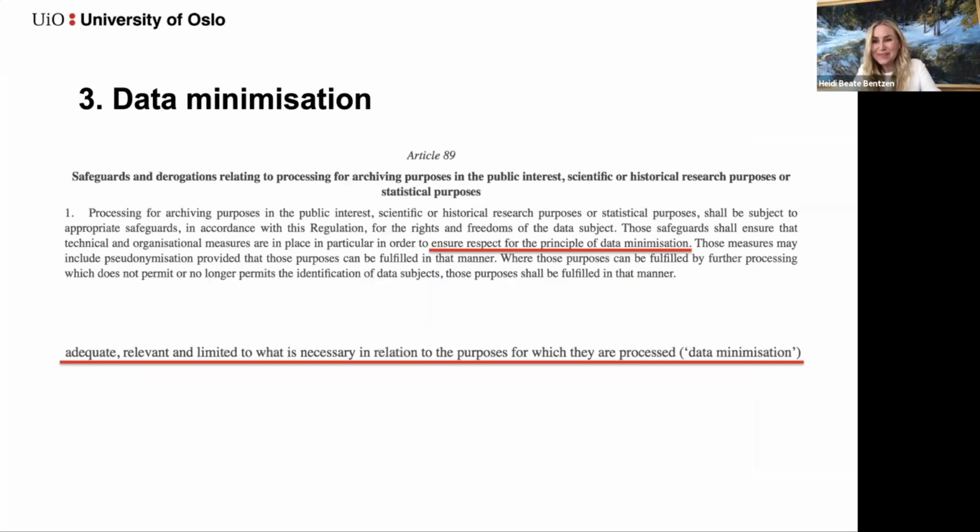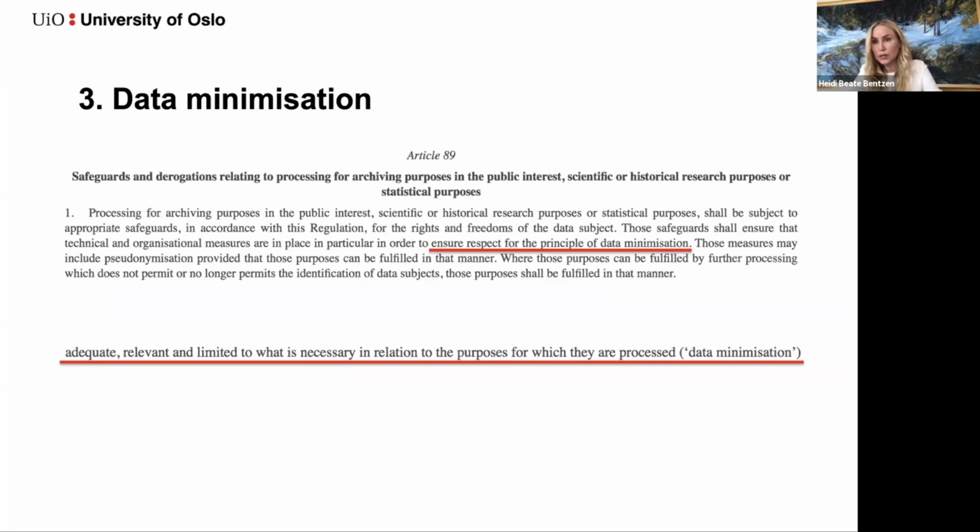The third principle of the GDPR is data minimization. The data must be adequate, relevant, and limited to what is necessary in relation to the purposes for which they are processed. This is the difficult part for genetics research. So that means that you need to make sure that the purpose of the processing aligns with the data you are generating.